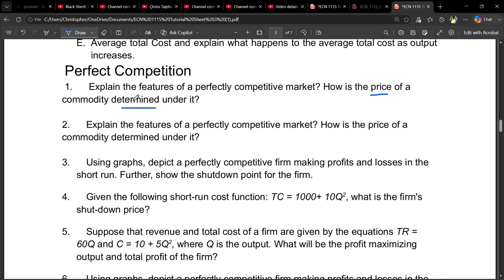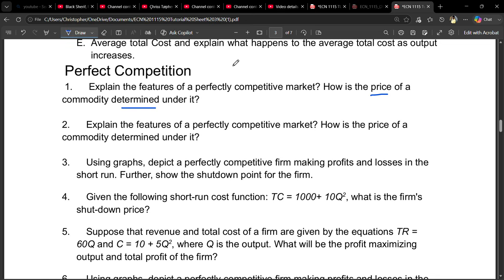Okay, so starting with the features, we know that under perfect competition there are many small firms. There are usually small firms that cannot influence the market price. These are market price takers. They produce identical goods.